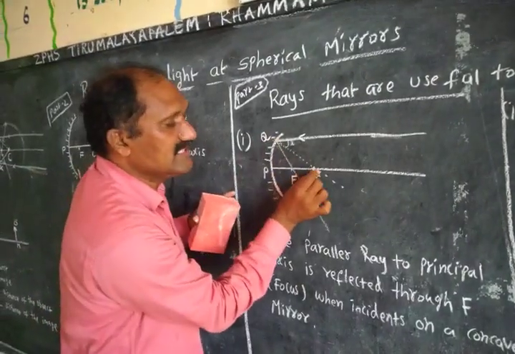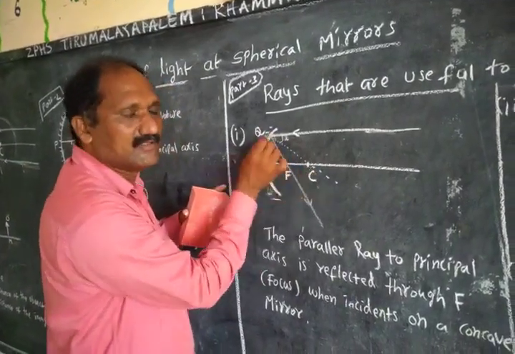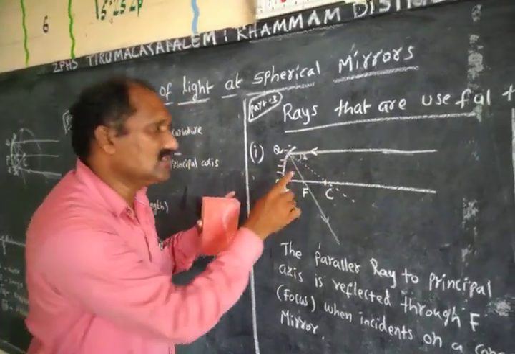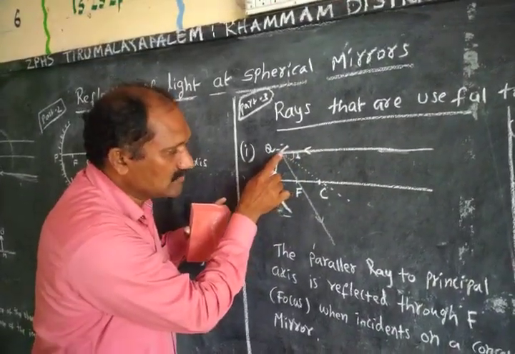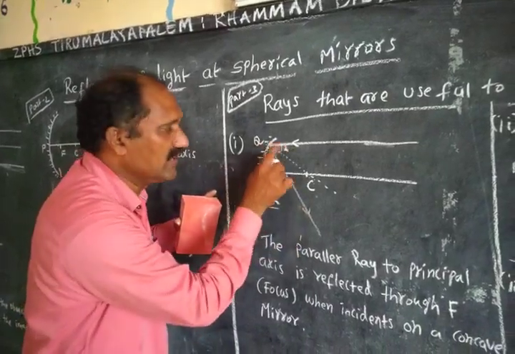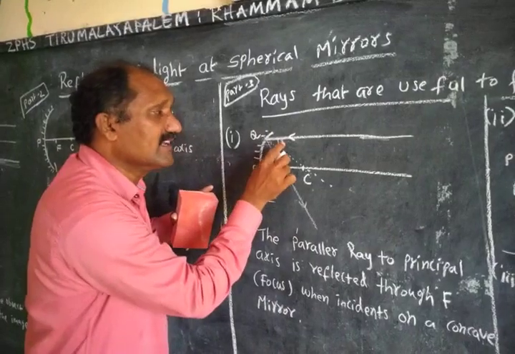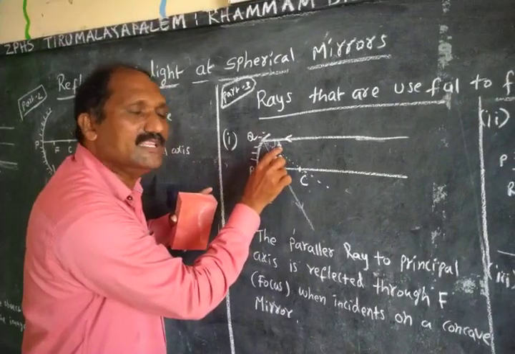Here QC is the normal. It is the incident angle. That's why it should be reflected through the focus, to get the reflected angle the same as the incident angle.